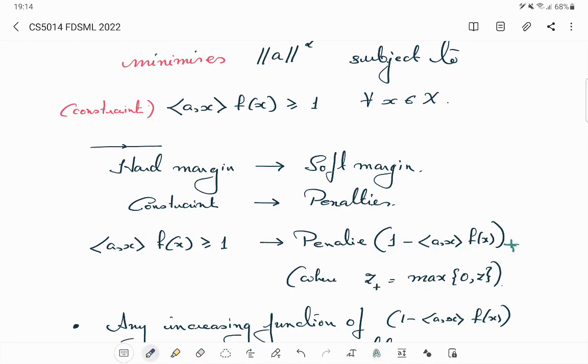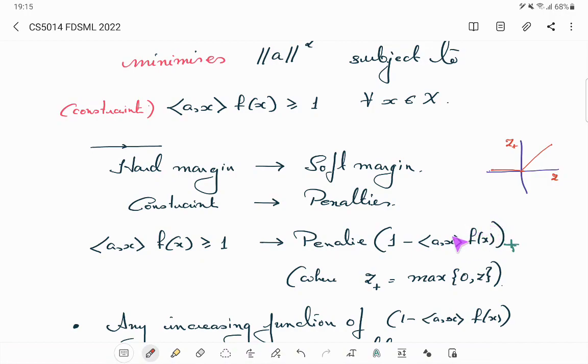If you plot this z plus function on a curve, as long as z is negative, the maximum of 0 and the negative number is 0. So as long as z is negative, you get a flat line, and once z is 0 or positive, the max becomes just z. So this is the curve. If this is z, this is z plus. Here we are applying this plus to the quantity 1 minus the inner product of a·x f(x).